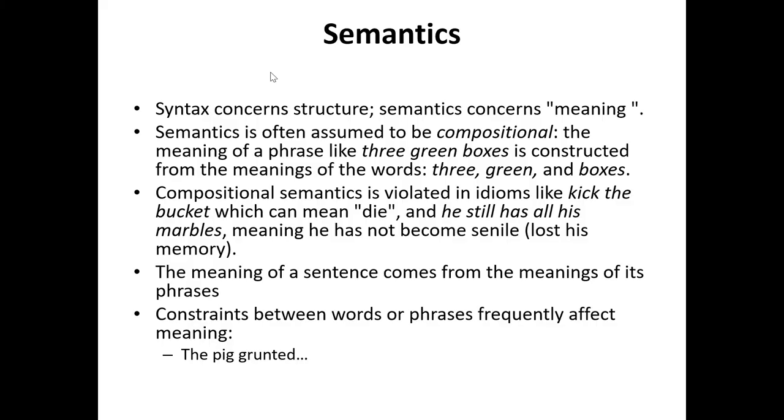But there are certain constraints between words or phrases which frequently affect the meaning. When we say the pig grunted, whether we are talking about a pig or about some person is contradictory.